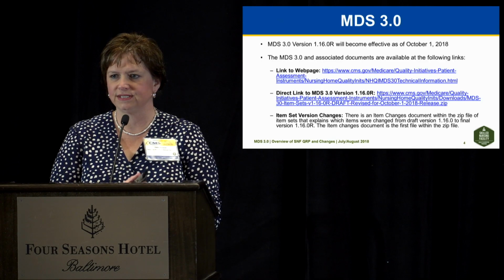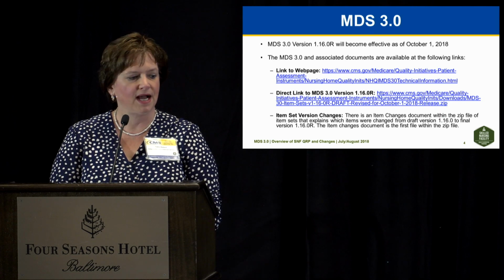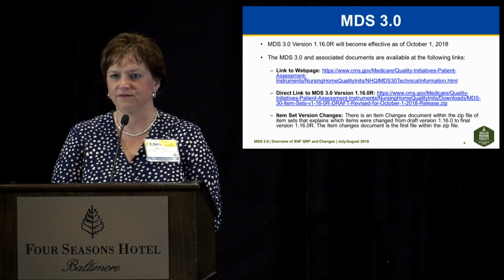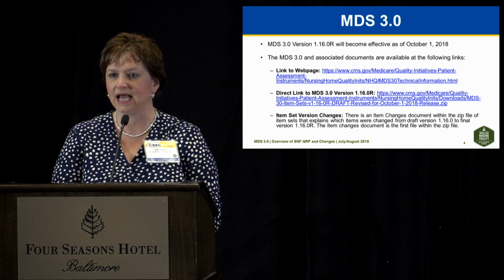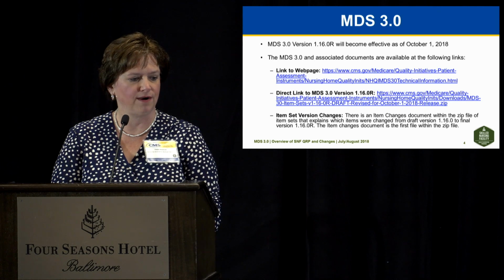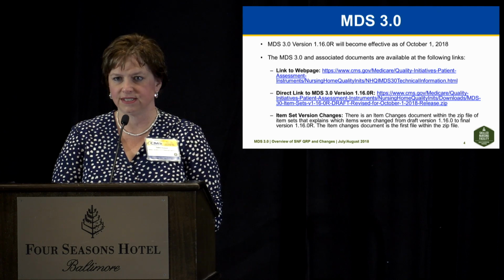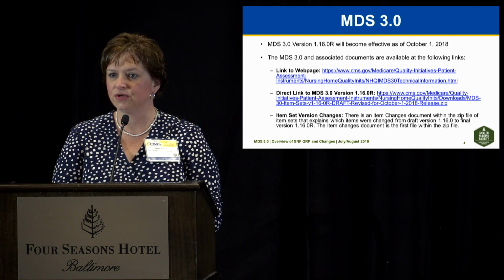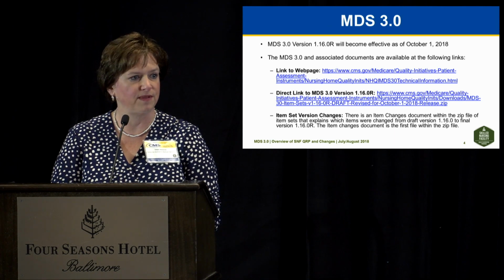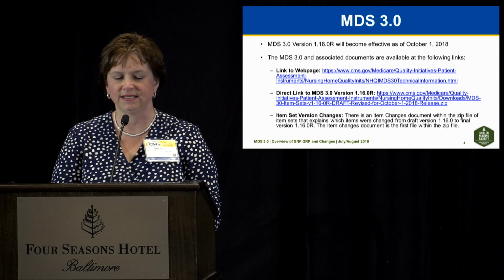This is an important informational slide for you. It's important to know that the new item sets in effect October 1st, 2018 have a version number of 1.16.0R. We've included 2 links on this slide that will enable you to access important MDS 3.0 information on the CMS website.